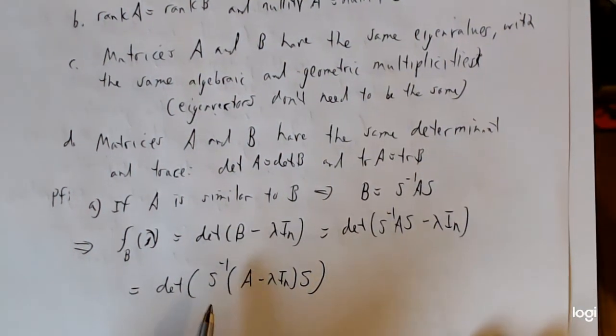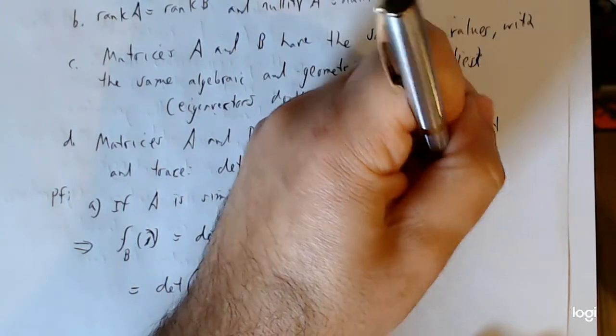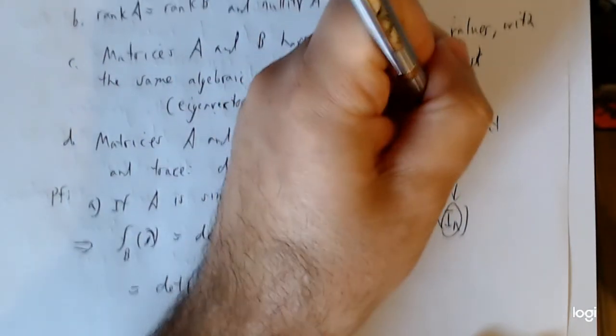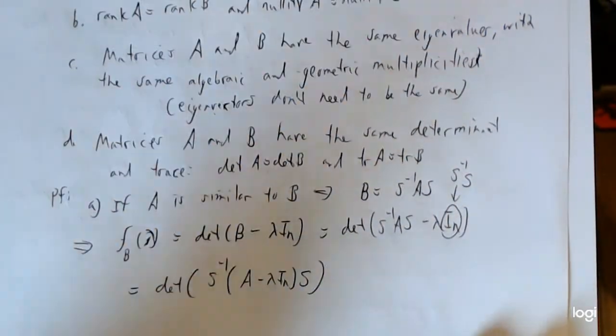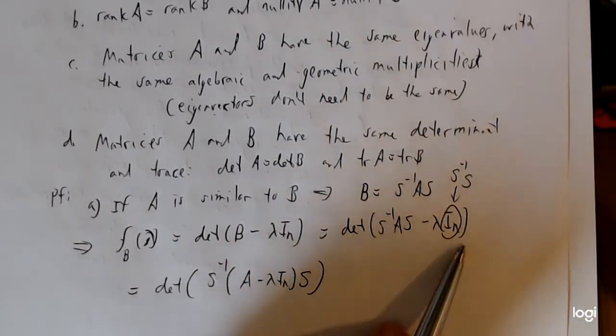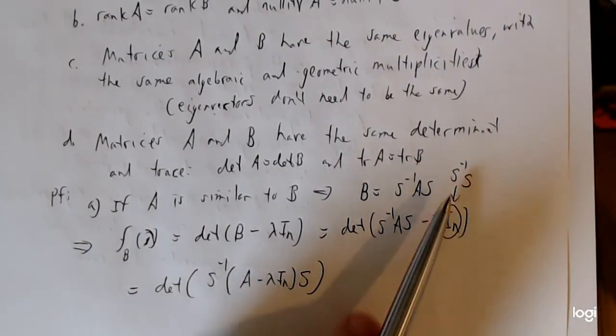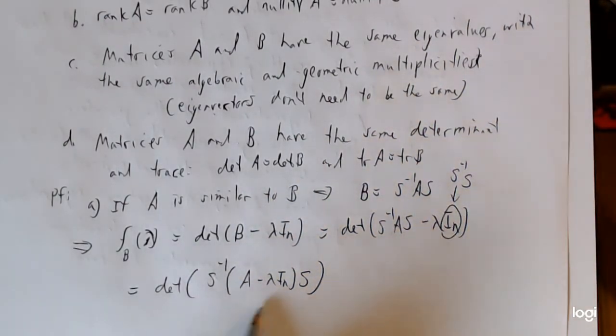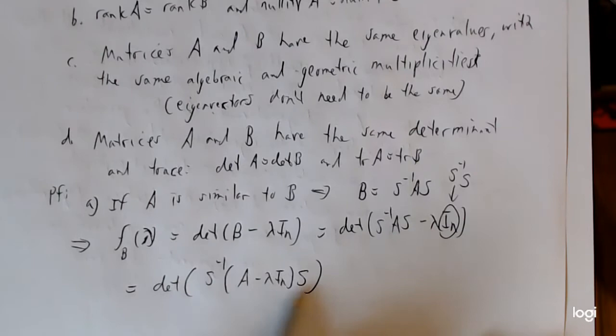Let me just point something out. All I did was say, look, we can think of lambda I as the same thing as lambda times S inverse S, right? Because when you multiply a matrix and its inverse together, you get the identity matrix. So if I rewrite it as lambda times S inverse times S, then when I factor it out like this, that's still equivalent.